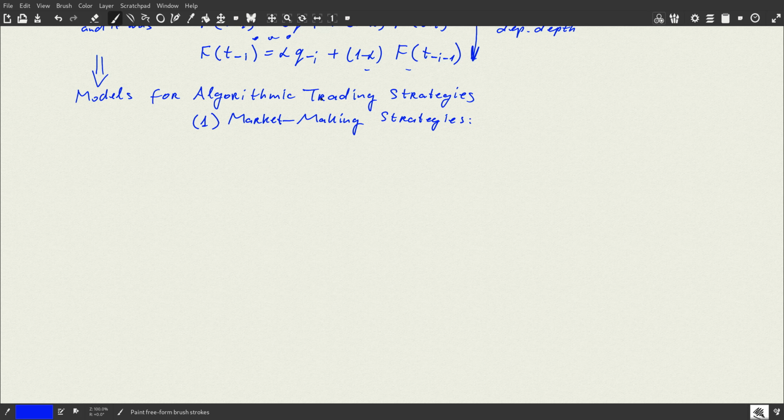There are different definitions actually of what market making is, but for our purpose here, we would say predominantly based on passive order execution, and therefore earning the bid-ask spread.